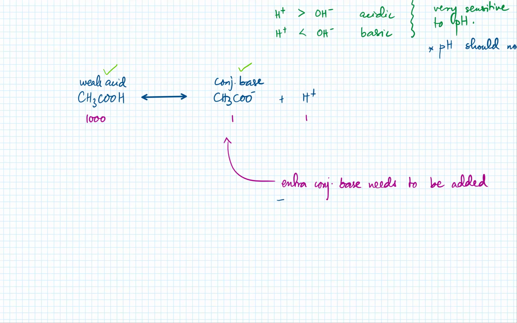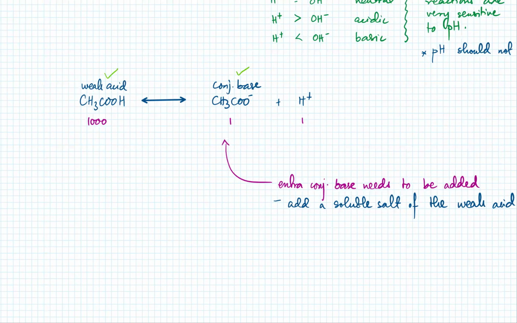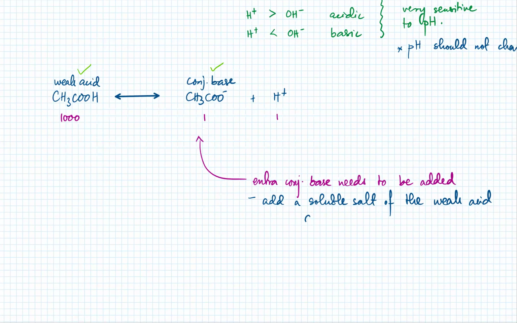Number one, you add a soluble salt of the same weak acid. If I add a soluble salt of the weak acid, for example sodium ethanoate, then this sodium ethanoate is going to produce the ethanoate ions.